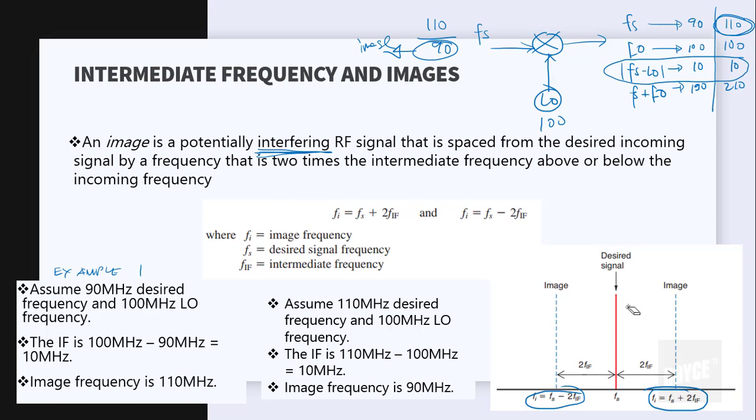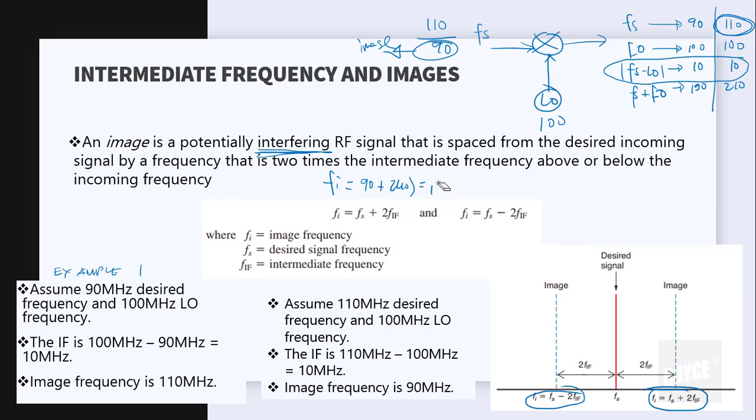To compute for that, mabilisan, ito. Pwede yung Fs plus 2IF or Fs minus 2IF. Kung mas mataas yung image frequency, itong plus ang gagamitin. So, anong image frequency? That would be Fs natin is 90 plus 2 times 10. 2 times 10, 20 plus 90.